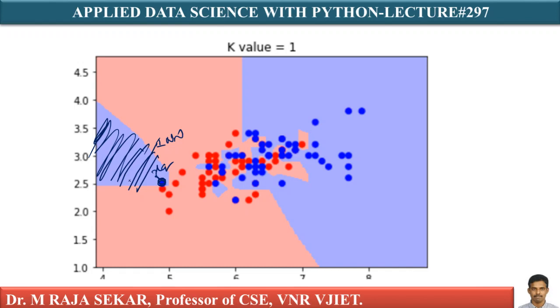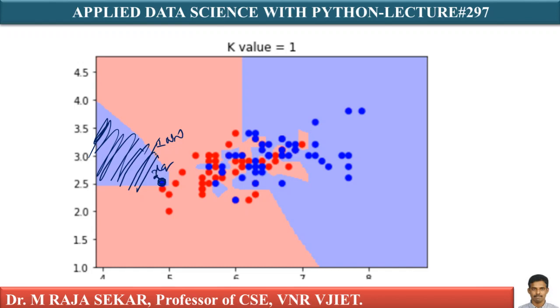Because of just one point, the whole region has become blue. If you speak strictly, that is an outlier point, isn't it? And this point was an outlier. If I have a query point here, it is just misclassified.